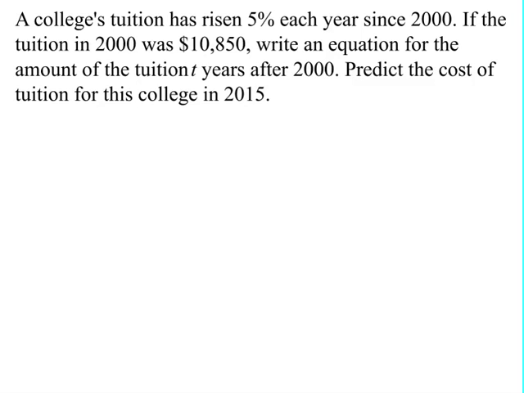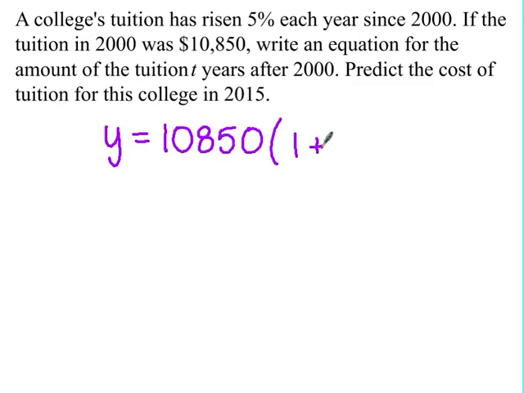I've got two answers: an equation, and then what the tuition is. Let's start with the equation. y equals, what is my starting amount? 10,850. And then 1 plus 0.05, very good, and then to the t power.